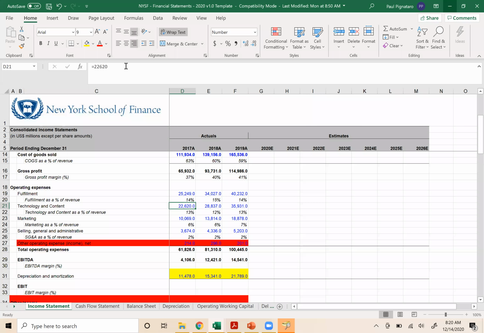We found notes of depreciation included in technology and content, selling, general, administrative, and other. Namely, some asset amortization in other, and then pieces of depreciation in the other two. How do we divide it amongst the three? There's no further breakout, and this is where this gets complicated.